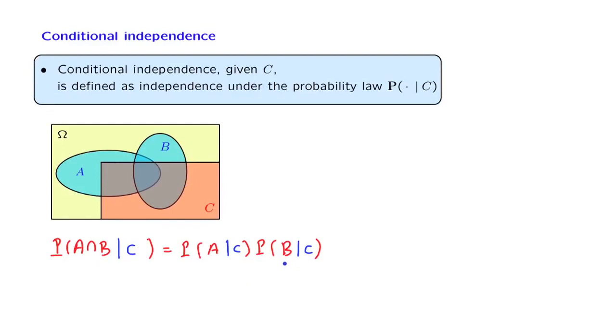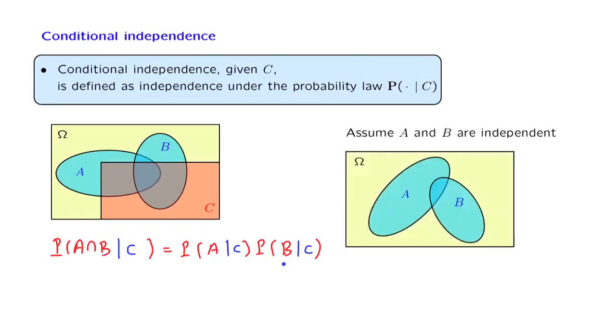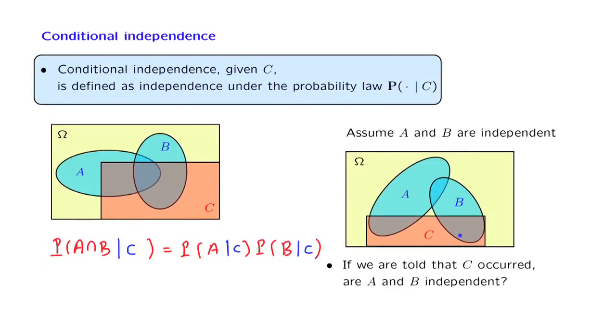We may now ask, is there a relation between independence and conditional independence? Does one imply the other? Let us look at an example. Suppose that we have two events, and these two events are independent. We then condition on another event C, and suppose that the picture is like the one shown here. Are A and B conditionally independent? Well, in the new universe where C has happened, events A and B have no intersection.